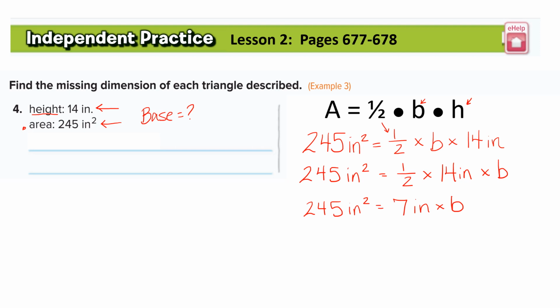In order for me to find out what b is, I need to get it alone on the right side of the equal sign. To do this, I have to get rid of 7 inches. I'm multiplying by 7, so I have to use the inverse operation, which is division. I'm going to divide both sides by 7 inches.